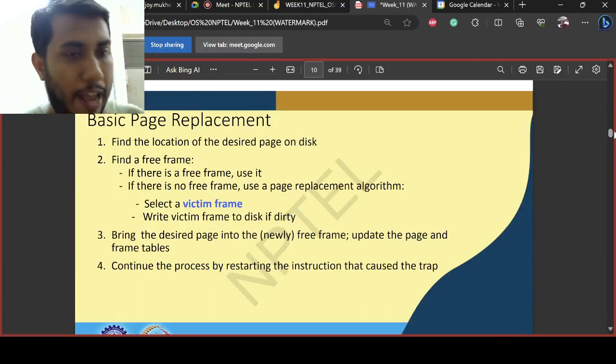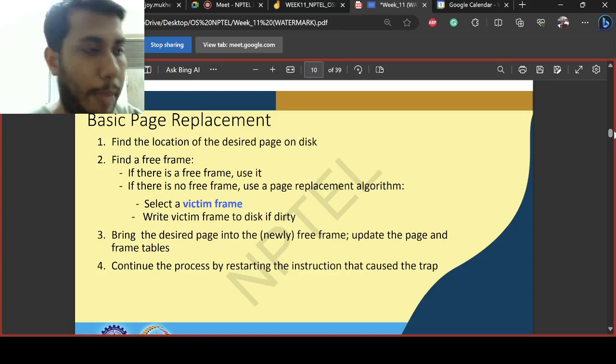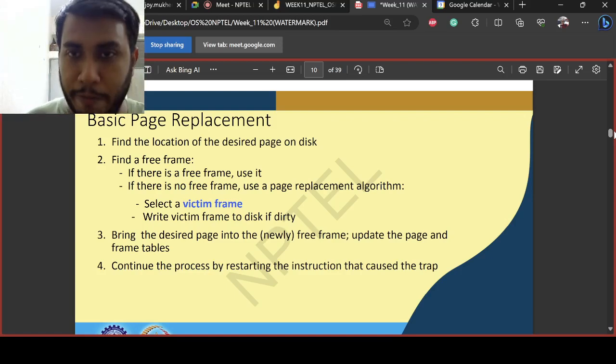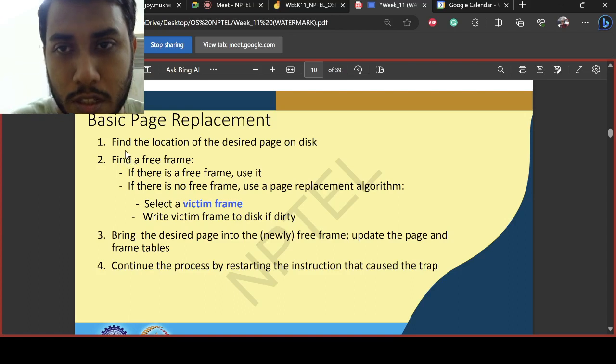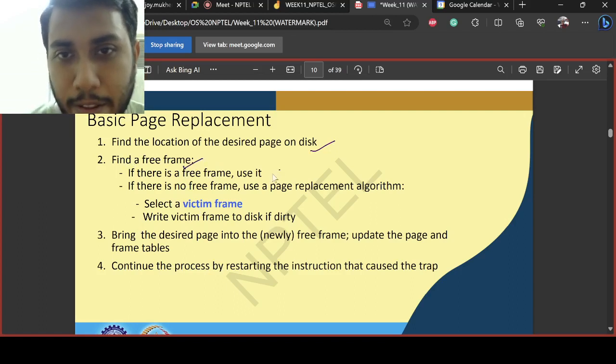Now we'll go through the basic page replacement algorithm. First we find the location of the desired page on the disk. So the page we want, we find that on the disk. Then we search for a free frame.